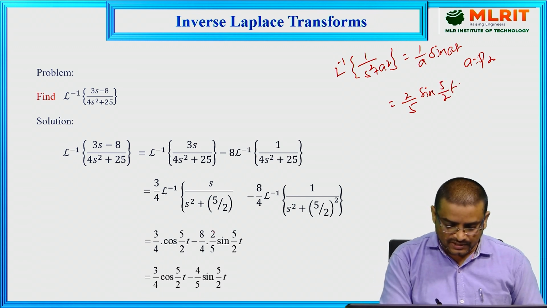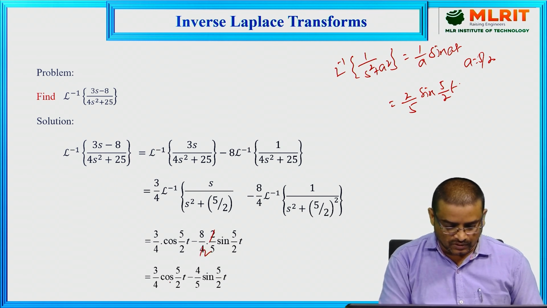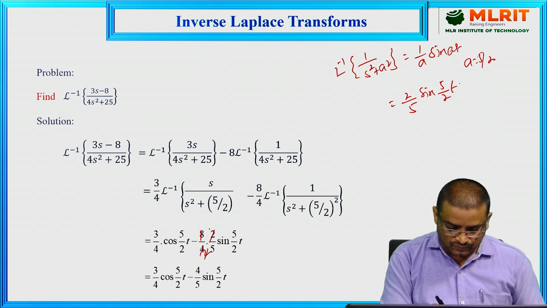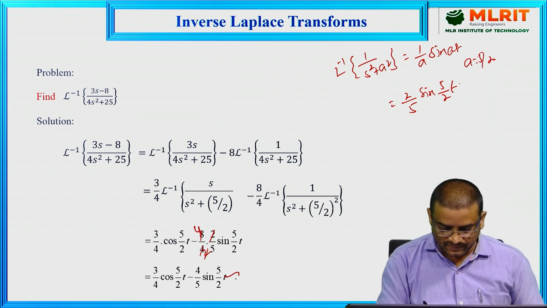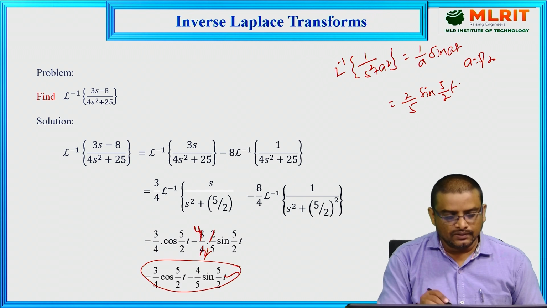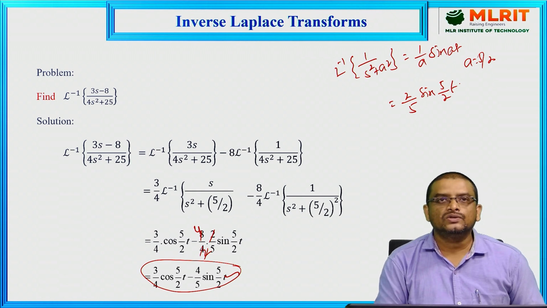Now cancel the 2 ones and 2 twos. So you will get 3 by 4 cos 5 by 2 into t, and here, 2 ones and 2 fours, so 4 by 5 sin 5 by 2 into t. This is our procedure to find this type of inverse.